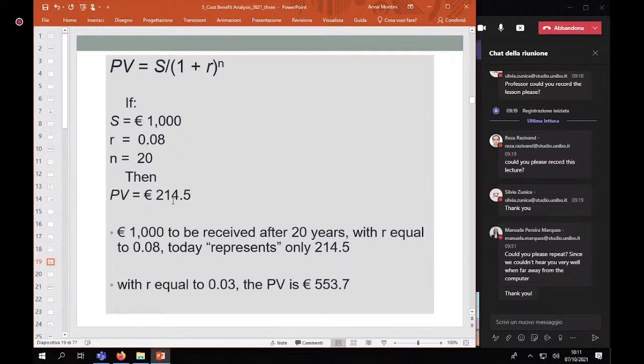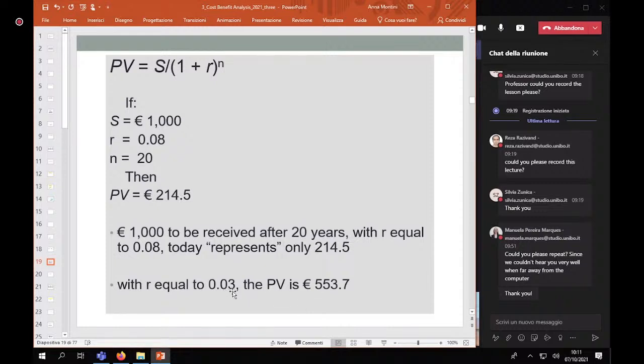But we have to consider that this problem exists, and we have to define and choose a proper and optimal discount rate, because the choice of the discount rate will change my present value. As you can see in this slide, with a discount rate equal to 8%, my present value is very low.